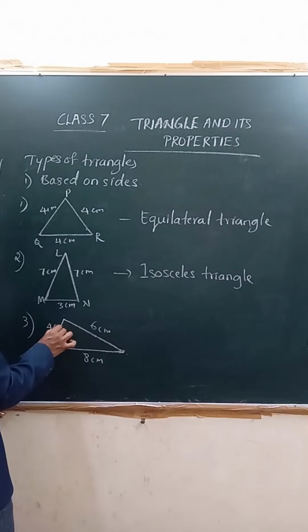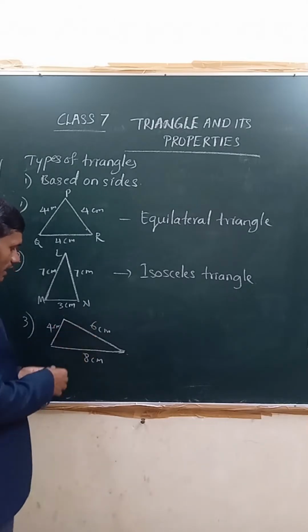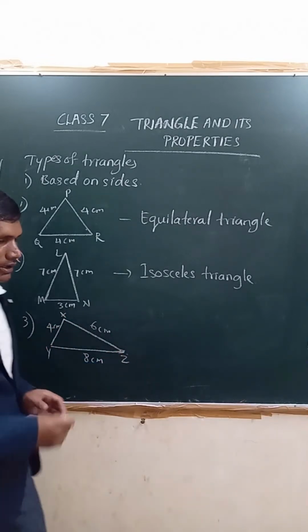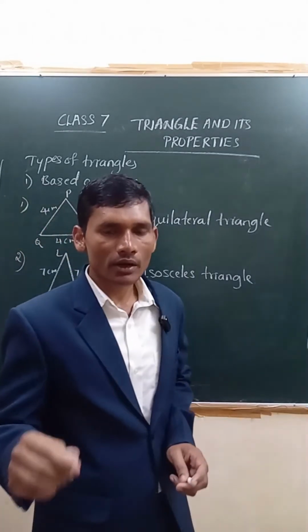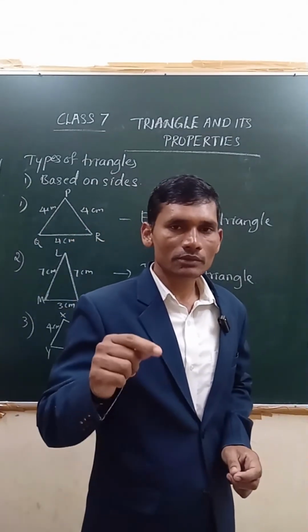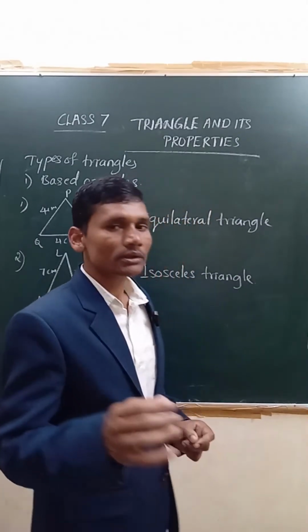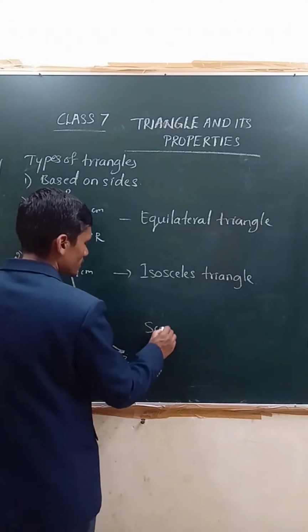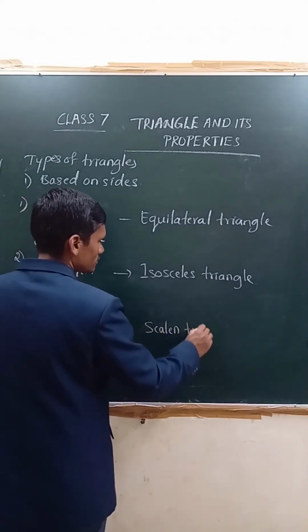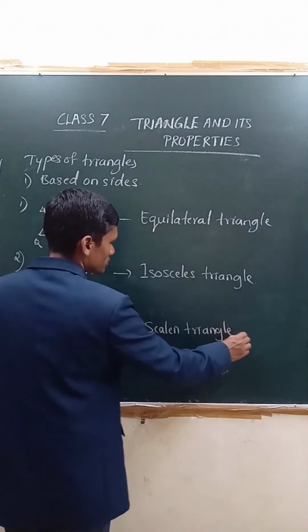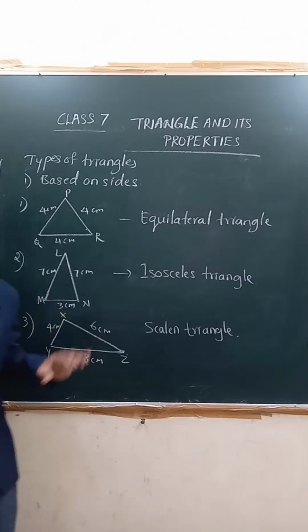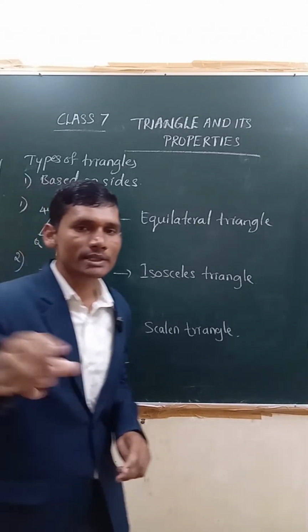Now what happens in this triangle? All the sides are different. Let us call it XYZ. If all the sides in a triangle are of different lengths, different measurements, then such a type of triangle is called what? Scalene triangle. We call this scalene triangle, remember. These are three types of different triangles based on sides.